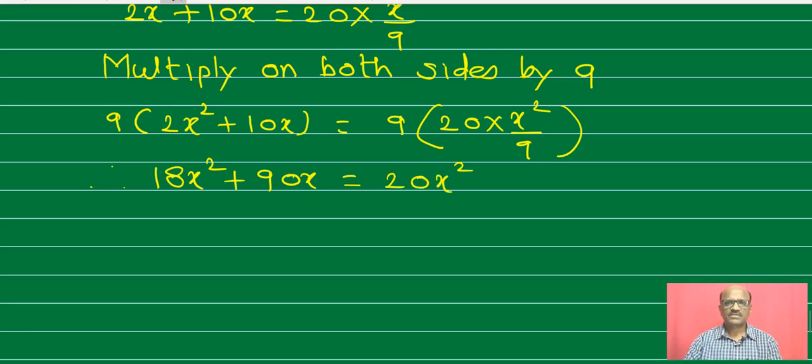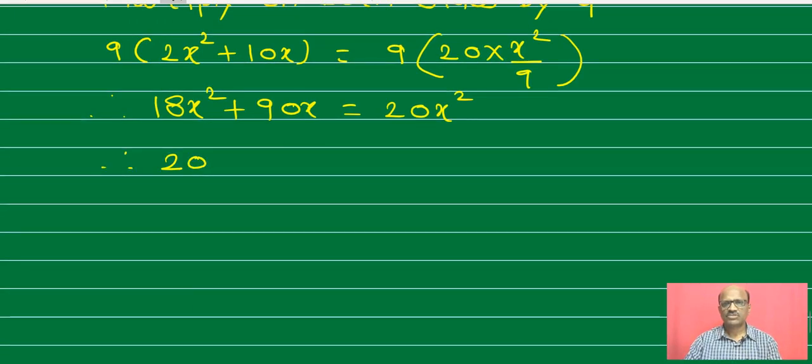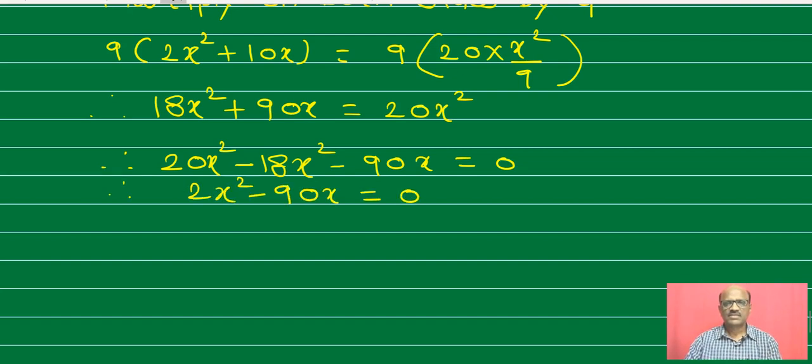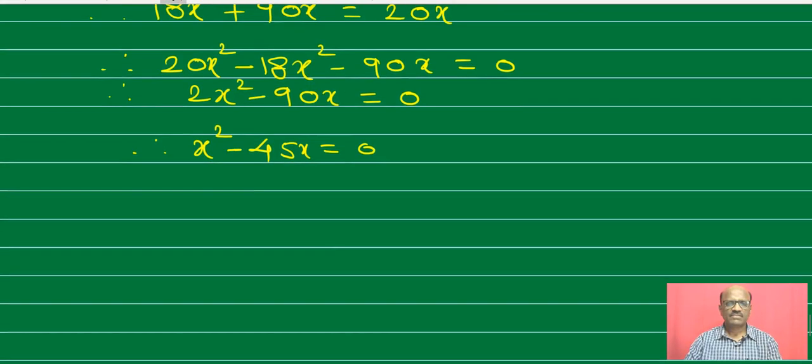Now simplify this, therefore 20x square minus 18x square minus 90x equals to 0. Therefore 2x square minus 90x, divided by 2 on both sides, take x as common. Therefore x in bracket x minus 45 equals to 0.